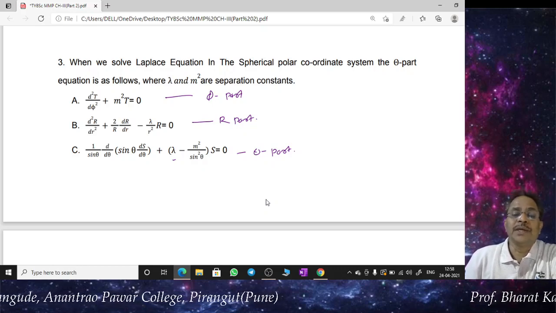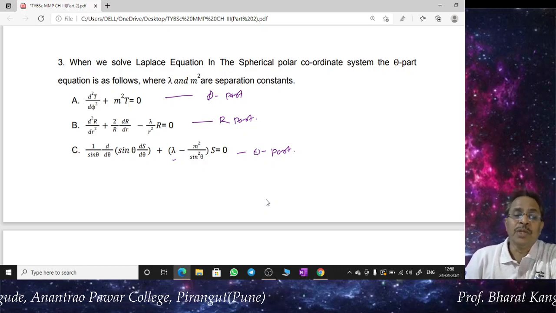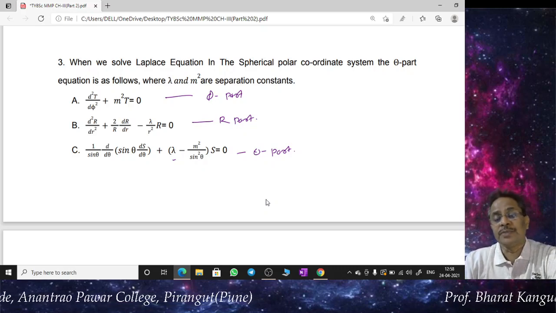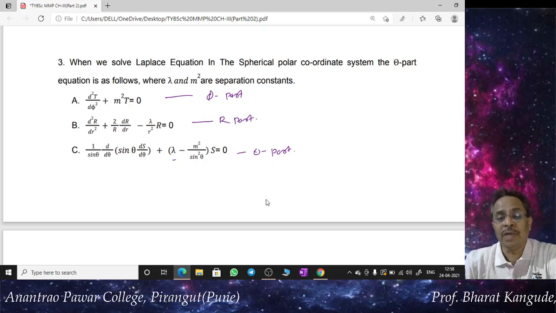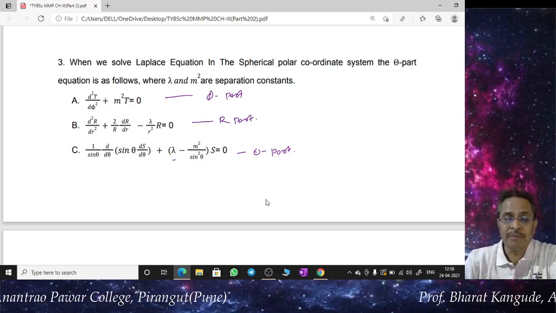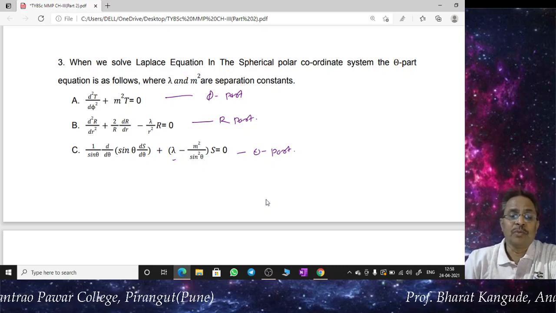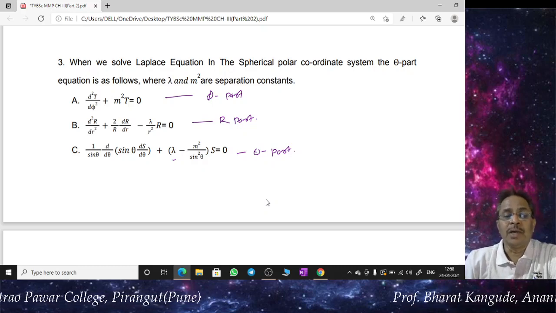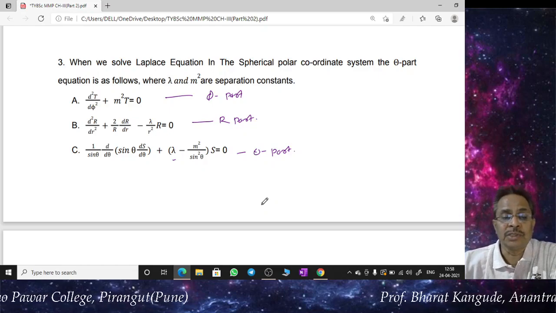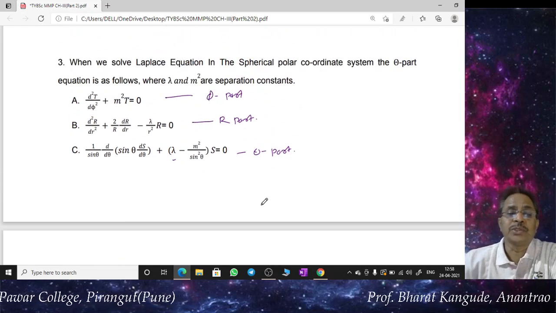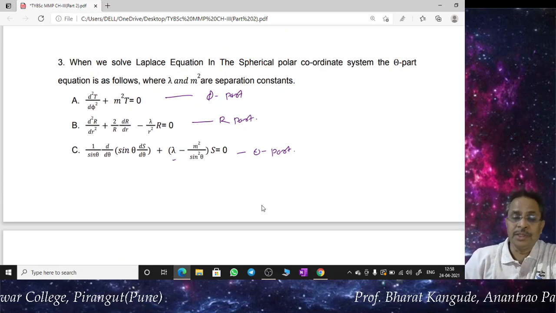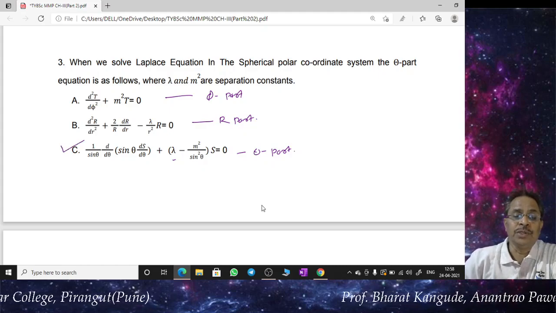This is called the theta part equation. So that is how, solving the Laplace equation in the spherical polar coordinate system, we get the phi-part equation as shown by equation A, the r-part equation as shown by equation B, and the theta part equation as shown by equation C. So the correct option of this question number 3 is C as shown here.